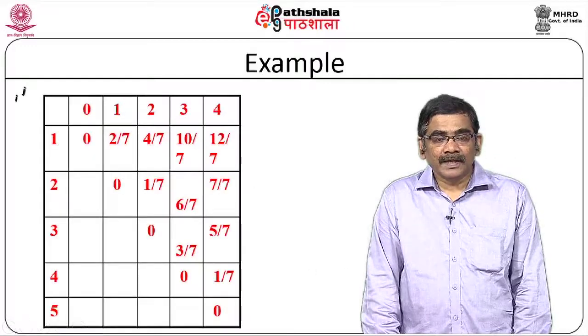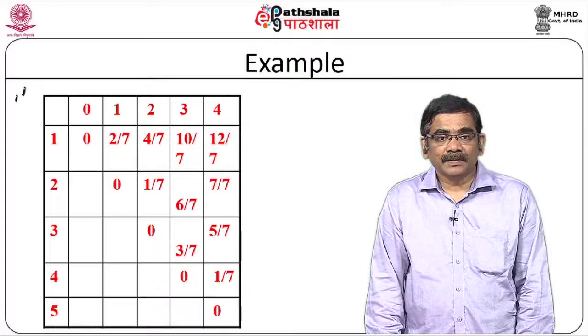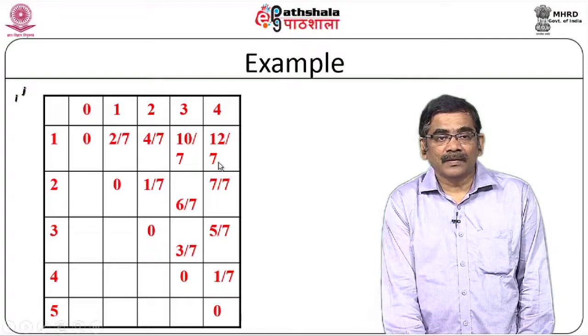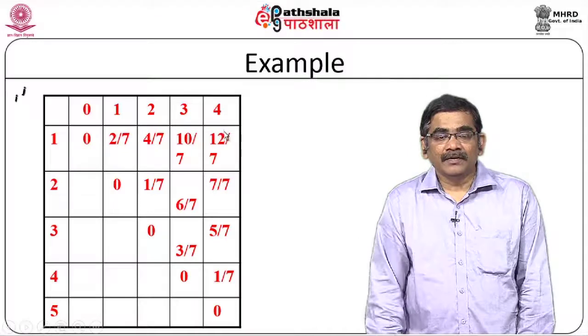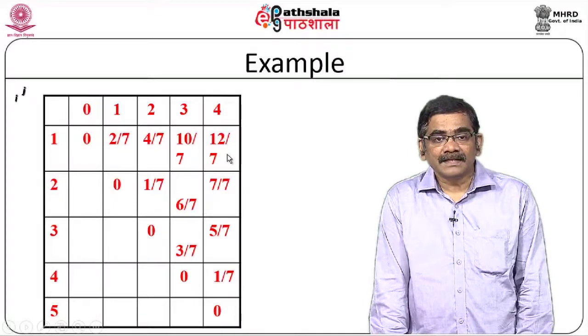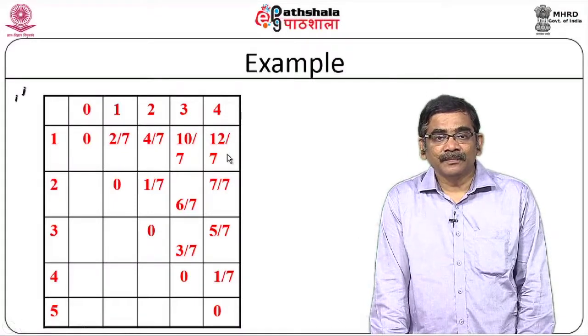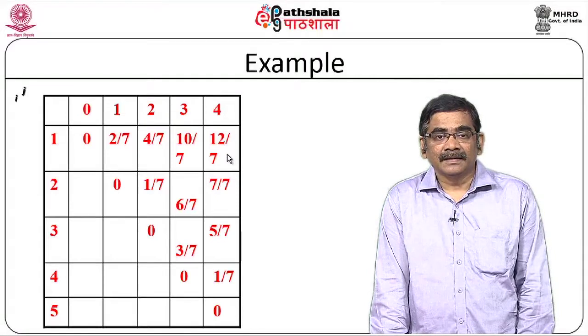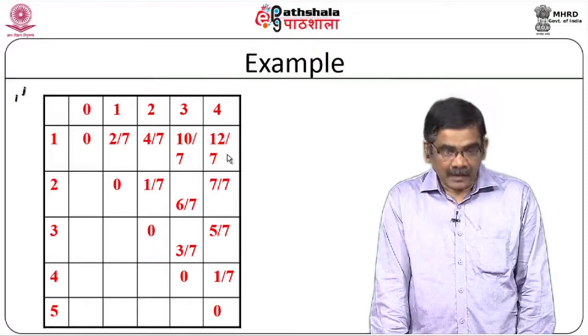Now we can put everything into this particular table. So, 12 by 7 is going to be 1 comma n, that is 1 comma 4. Therefore, this is going to be the optimal cost for constructing the tree structure.